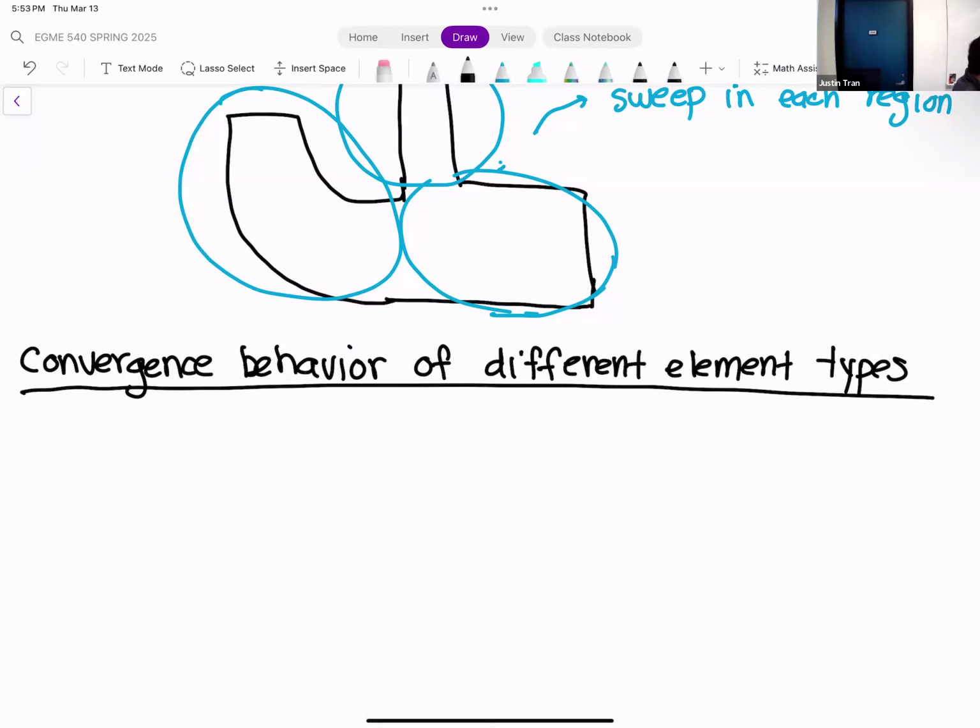But I think it's good to quantify it using one very common test case, right? So in this section here, we're going to compare mesh convergence using a simple example and different element types.